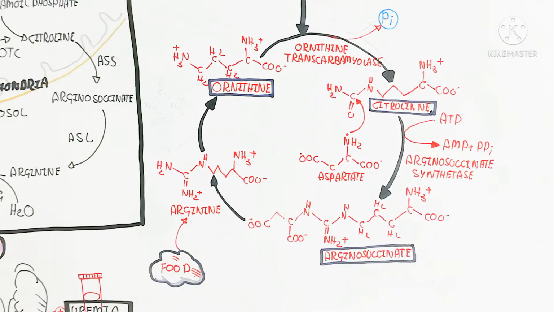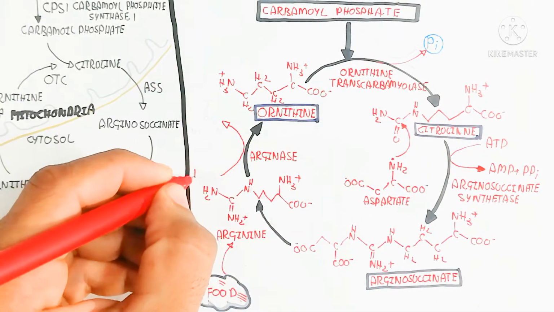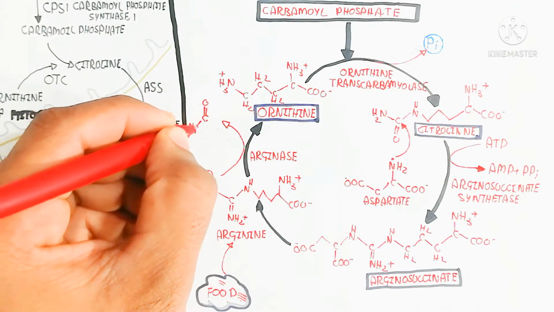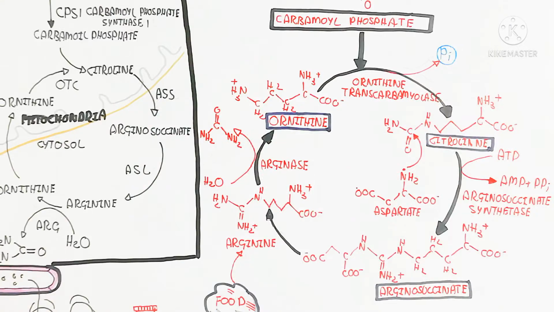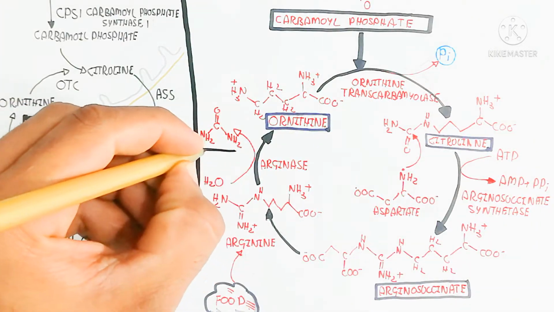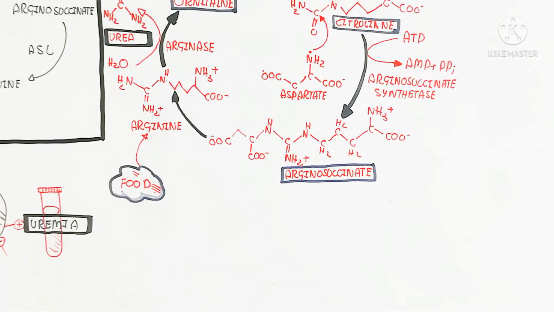This arginase enzyme is important for the conversion of the arginine into the ornithine, and during the conversion of the arginine into the ornithine, water is added to remove the urea. So this is the urea formation, which comes from the ammonia.